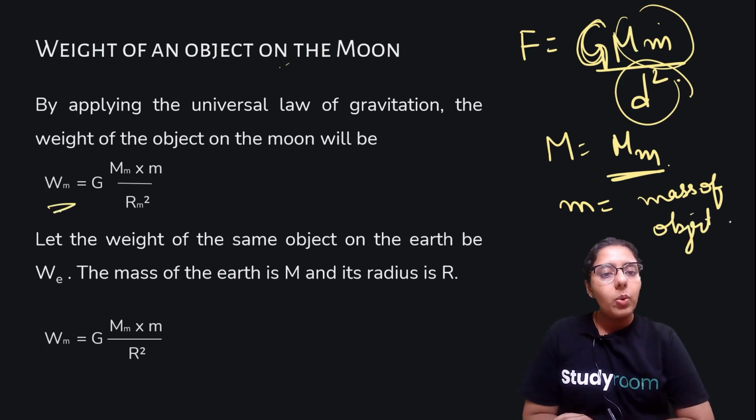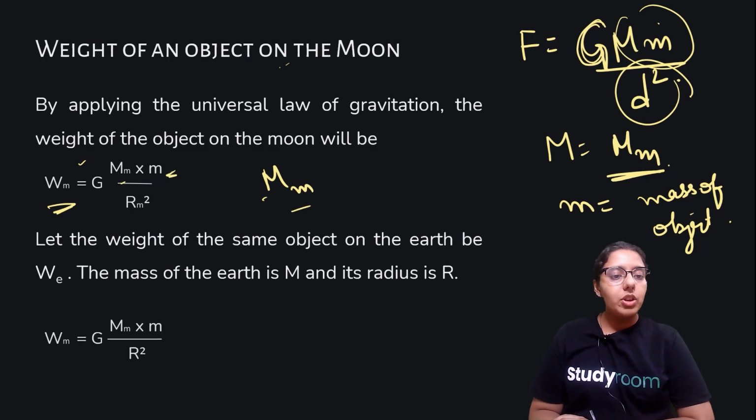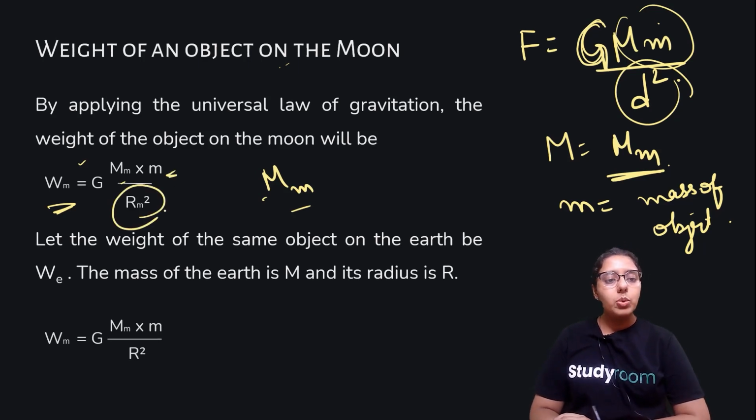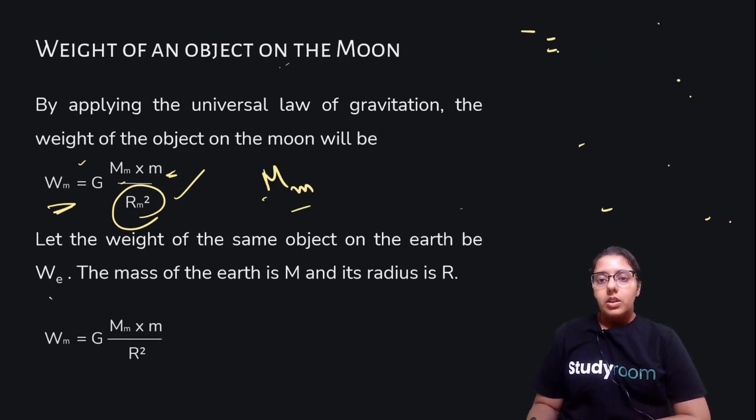So what will be the weight on the moon? It will be G, mass of the moon, into Mm, the mass of the moon, into m, the mass of the object, upon Rm, the radius of the moon, squared. So let the weight of the same object on the earth be We. So we are using these terms, I'll just explain.